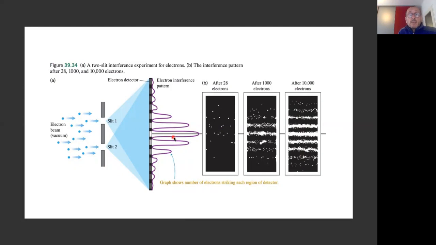This is what we did before, okay? And if the flux is low enough, it's not that this electron will interfere with that electron. If the flux is very low and I'm sending the electrons one by one, I also get the same pattern. So it means that this electron somehow has a probability of going through this slit and a probability of going through that slit.